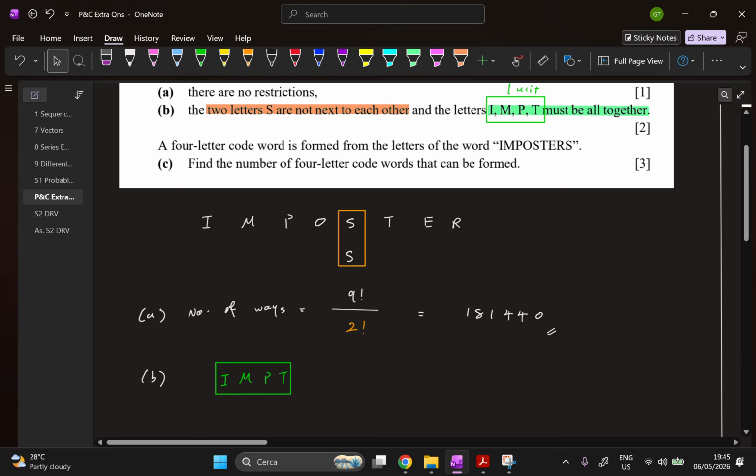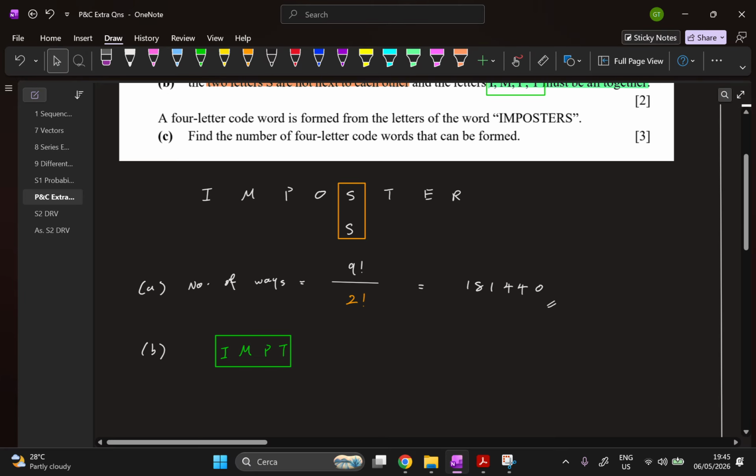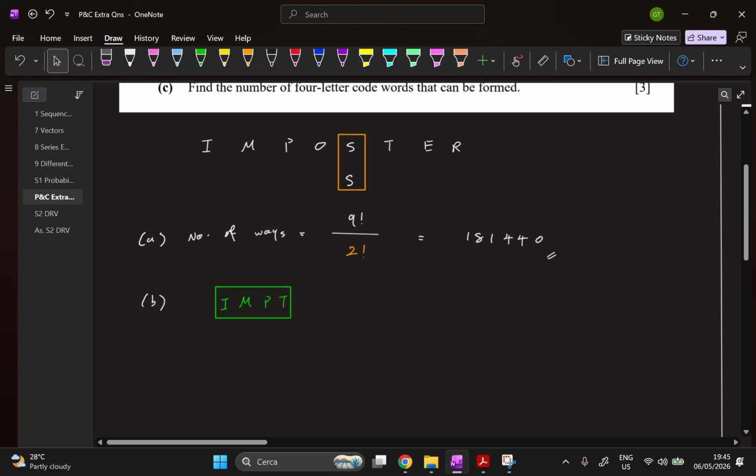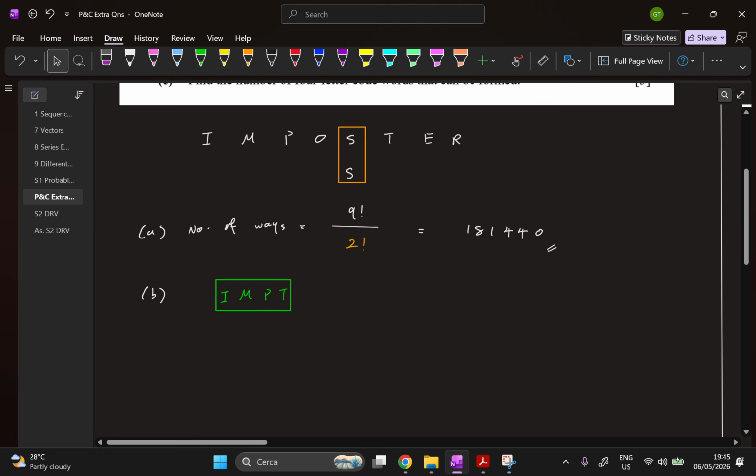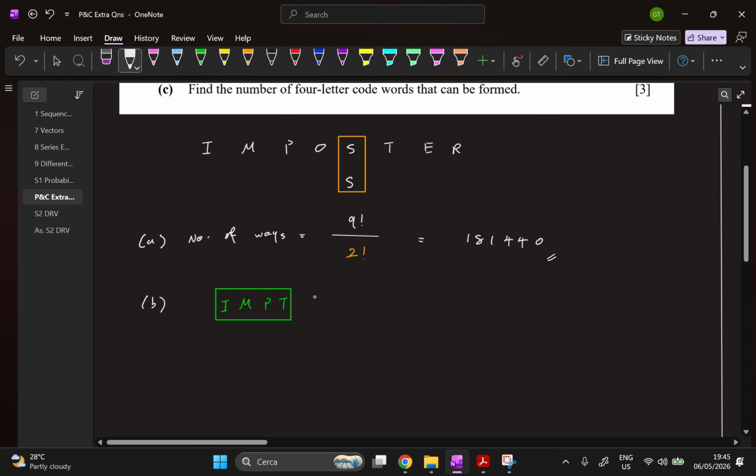Next, we'll deal with the S's last. So notice, after this IMPT, I have a couple of other letters, right? I have O, E, R. Is that it? Yes, that's it. So let's not worry about the troublemakers first. Let's deal with all the well-behaved ones first.